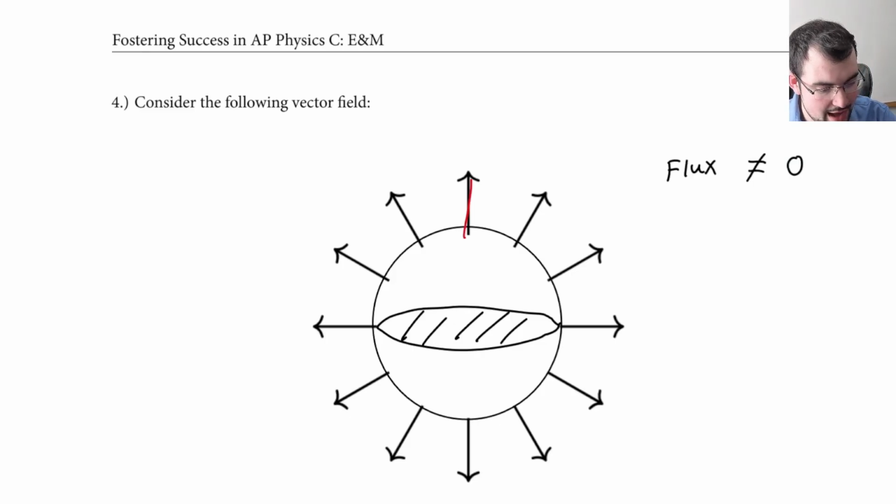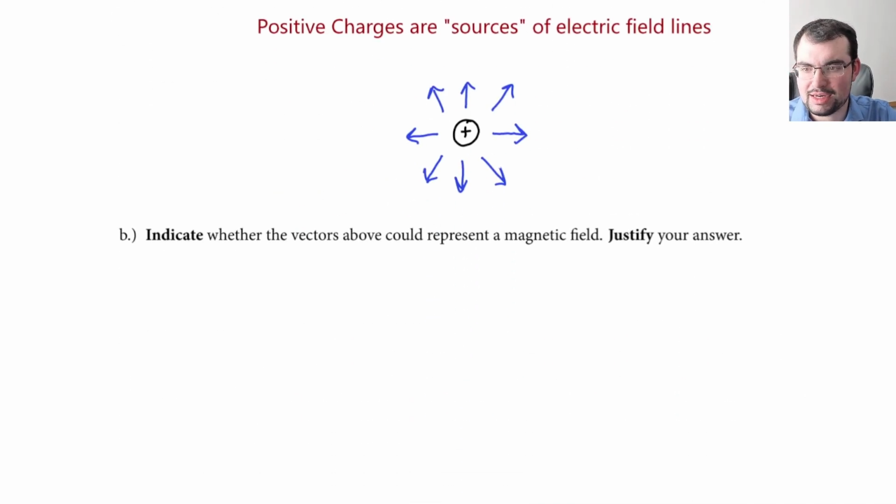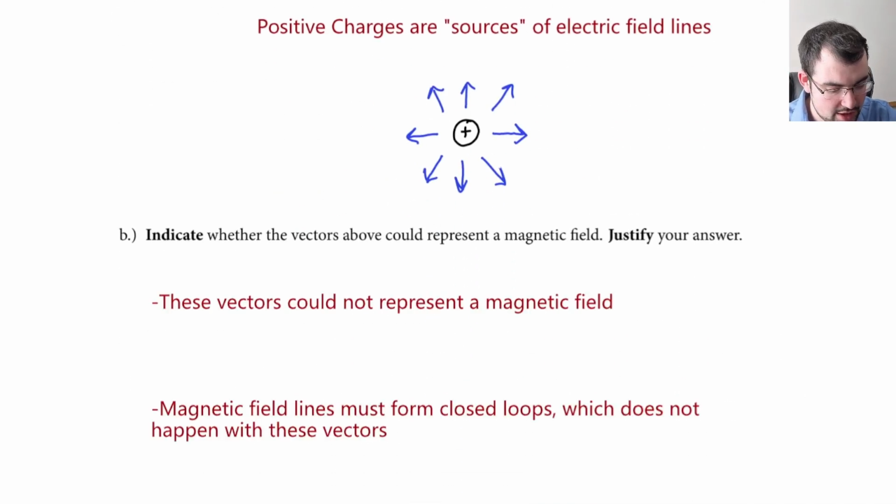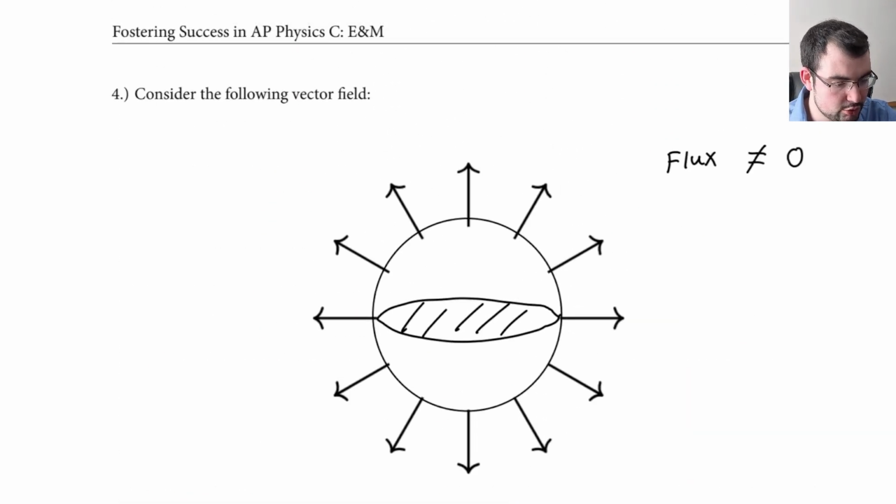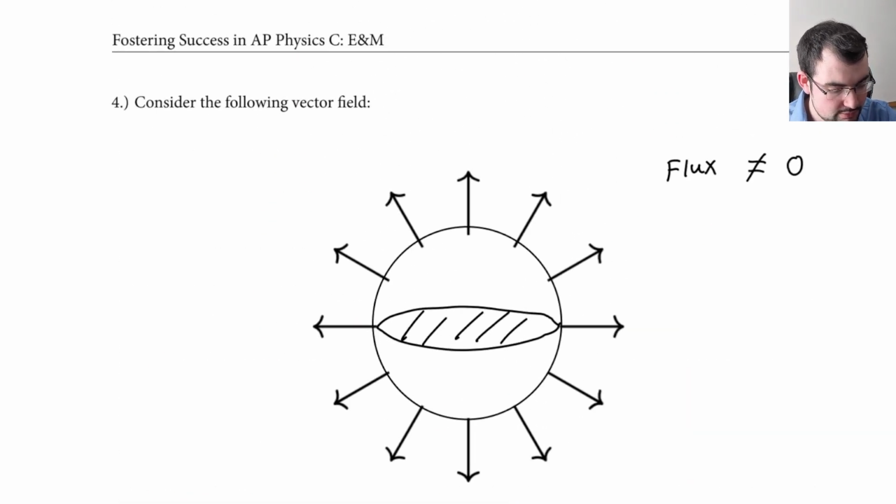Well, I see out, out, out, out. There are no field lines that enter this surface. So the flux is strictly positive. So it can definitely not be a magnetic field because these don't loop in on each other. There's actually a Gauss's law for electric fields that's much more useful to us for problem solving.